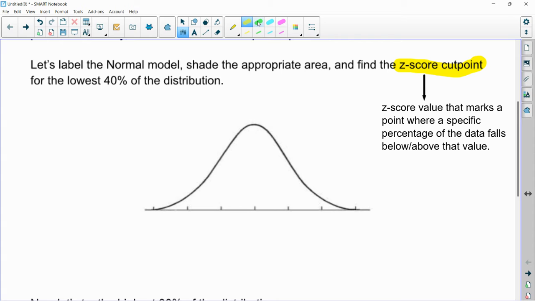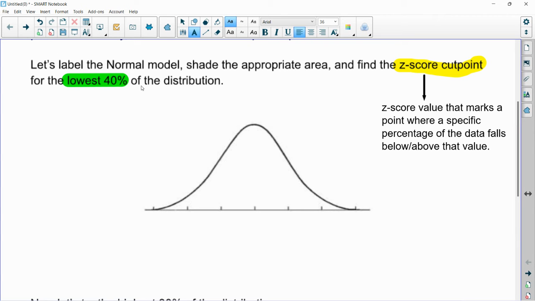Now, for every question, that percentage is going to change. If you notice, for this question, we're asked for the z-score cut point for the lowest 40% of the distribution. So the first thing we're going to do is label. Now, there's really not too much to label here because we don't have a mean. We don't have a standard deviation.